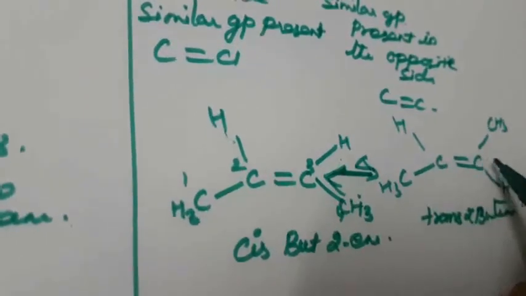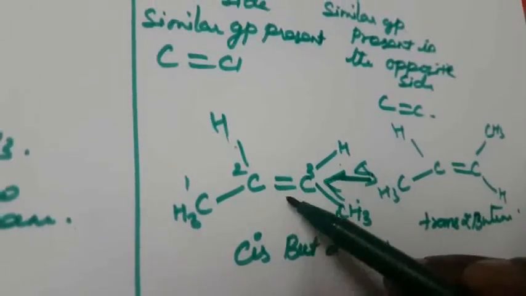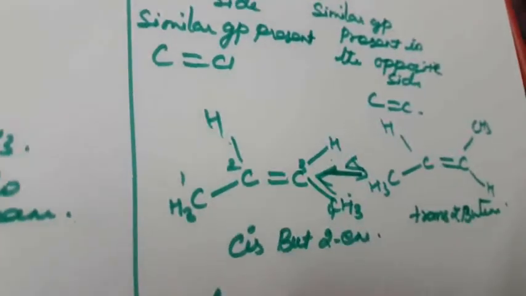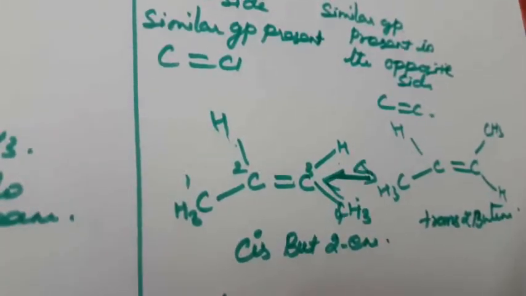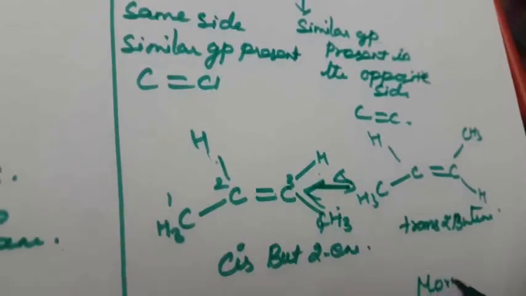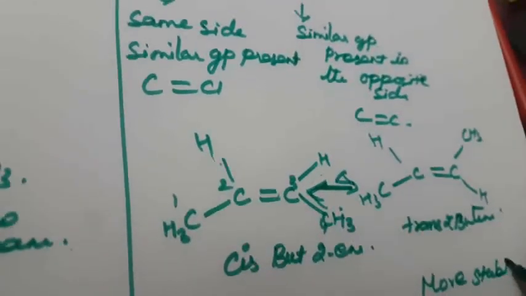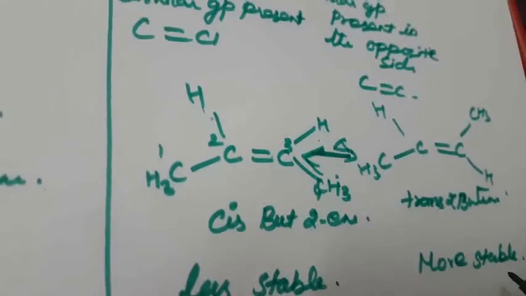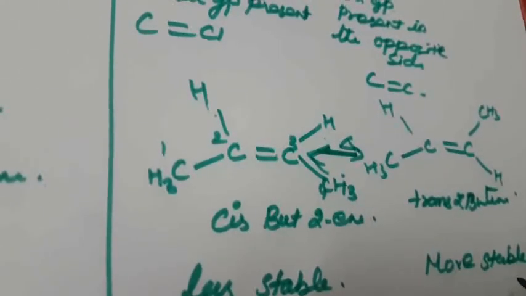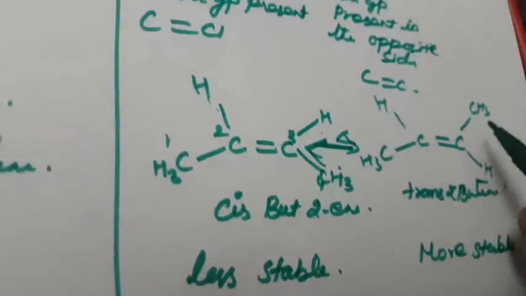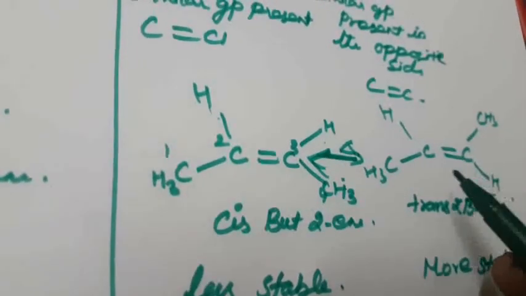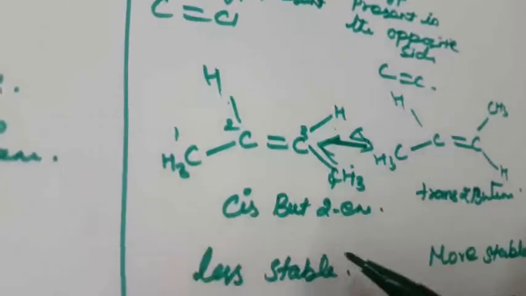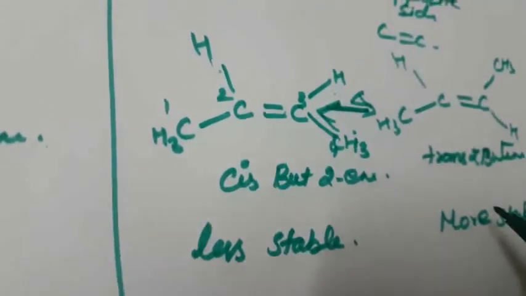The bulky groups are on the same side of the double bond, and the repulsion of the groups makes the cis isomer less stable. The trans isomer is more stable. This is one important question.